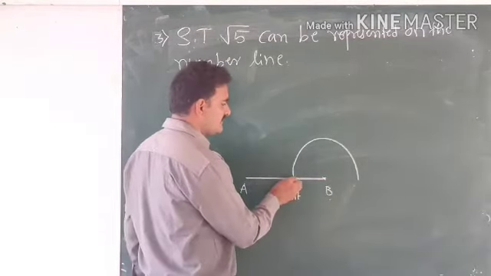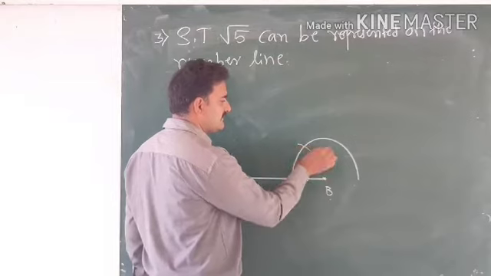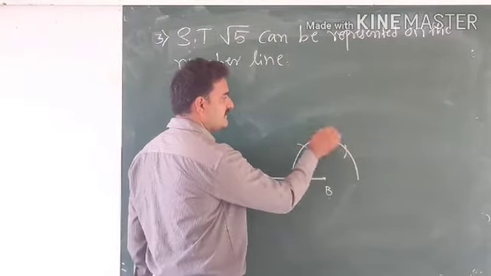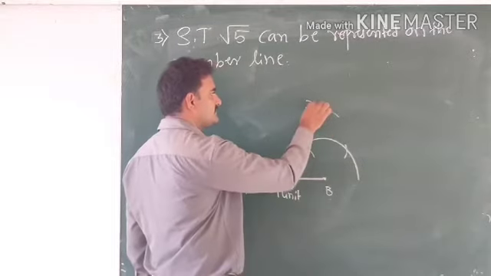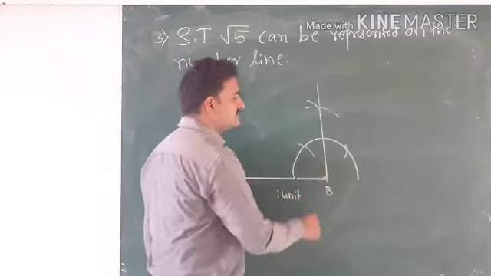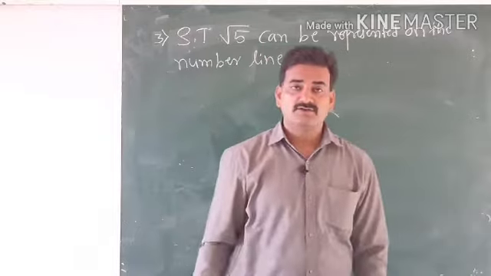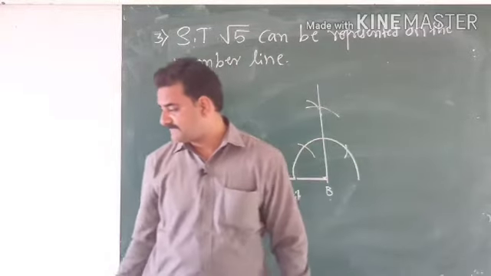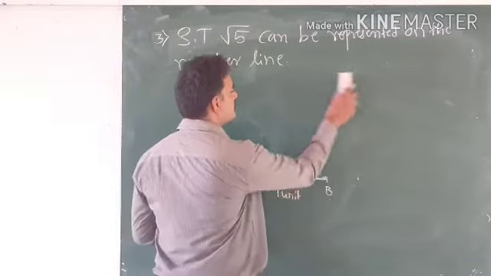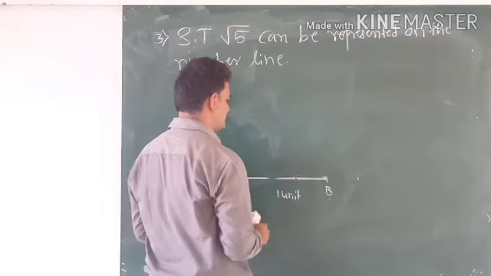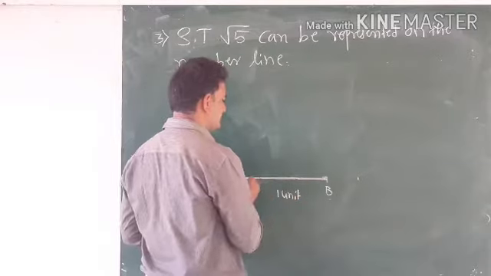Keep your needle, cut, keep your needle, cut, and draw an arc. Join this point. This is the way we draw a perpendicular, but I insist you take a protractor and do it. We can locate it very easily.